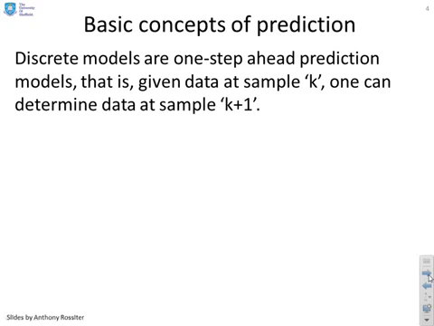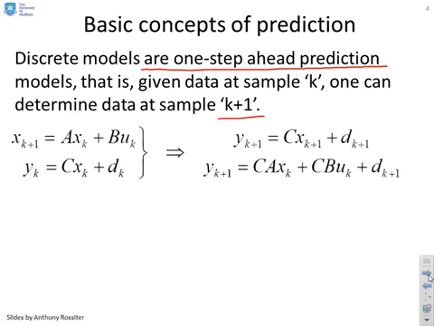A basic concept then of how you predict. Well, implicitly discrete models are one step ahead prediction models. That is, if you give me the data at sample k, I can use my discrete model to find the data at sample k plus 1. You'll notice that here the discrete model in the state is written as xk plus 1 equals axk plus buk. So if given xk and uk, I can find xk plus 1.